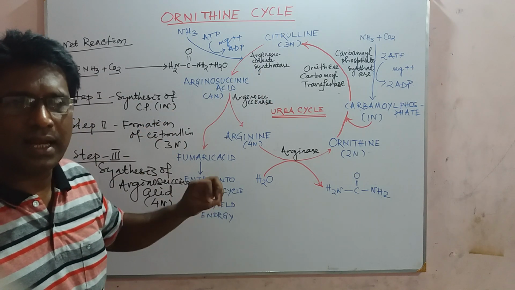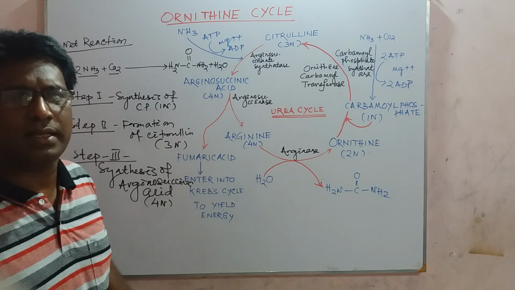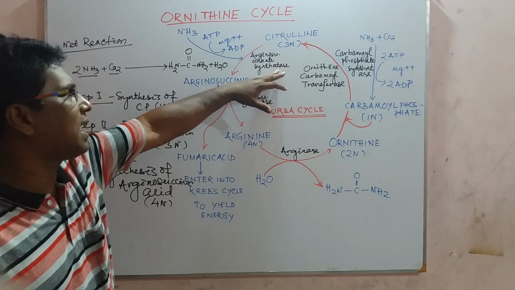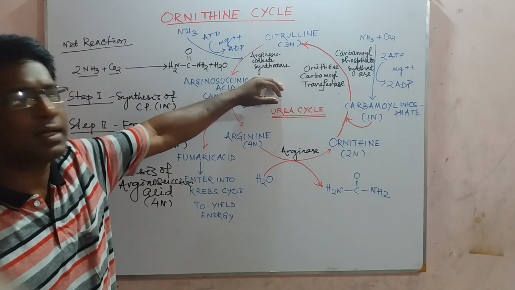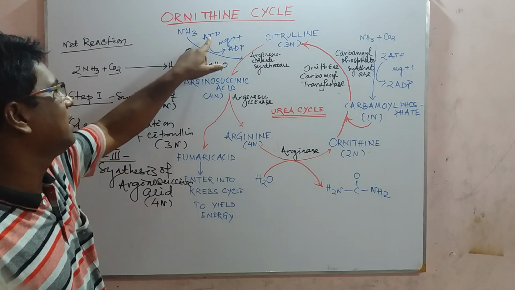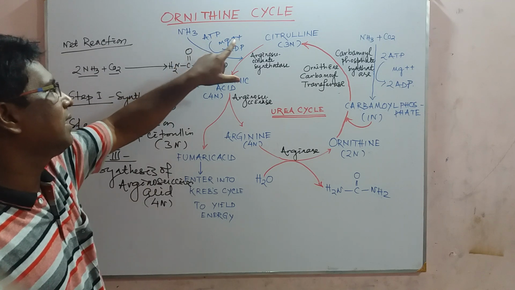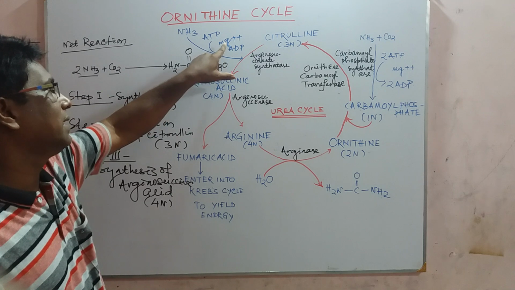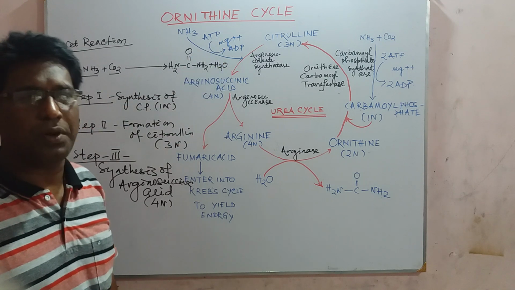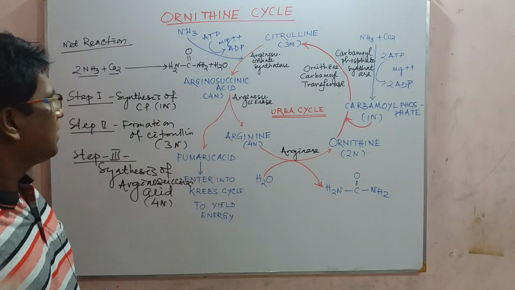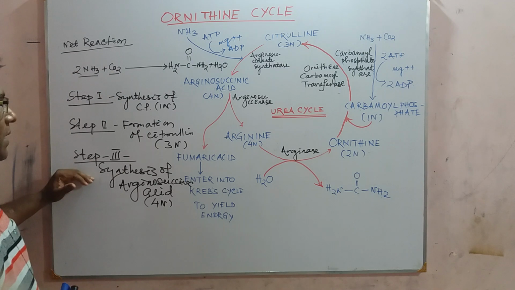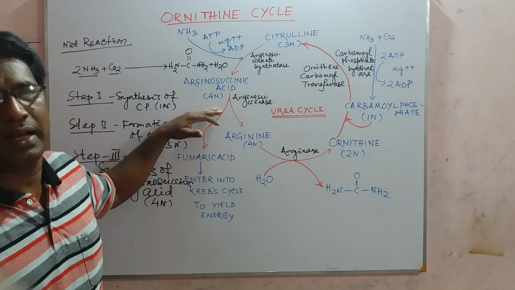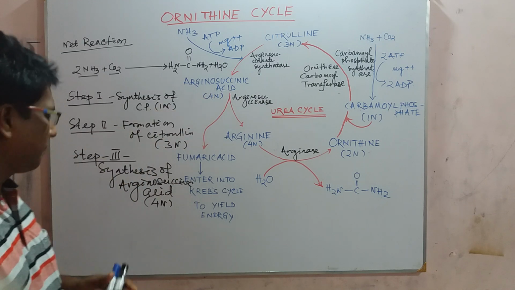As this enzyme is involved in synthesis of arginosuccinic acid, it is called arginosuccinate synthetase, and it requires an ATP which gets converted into ADP to release energy in presence of magnesium. So the third step is completed and arginosuccinic acid or 4N is formed.